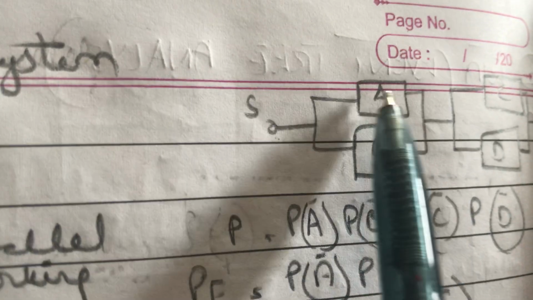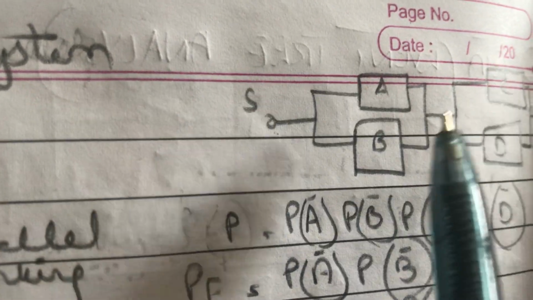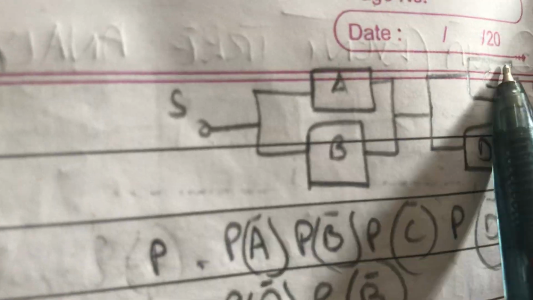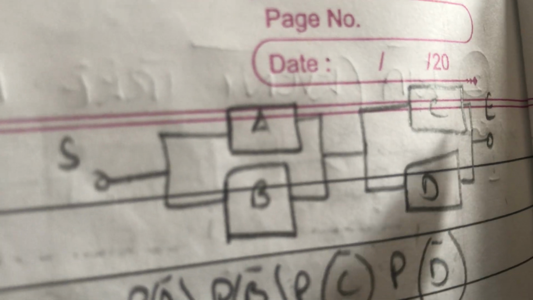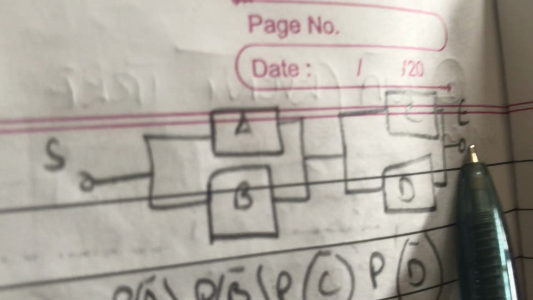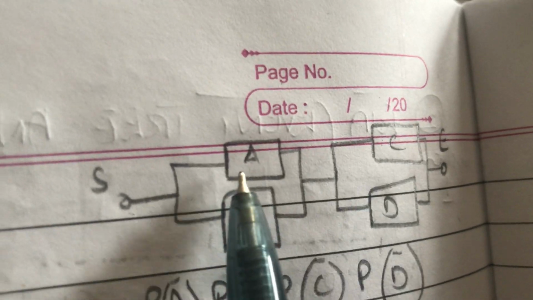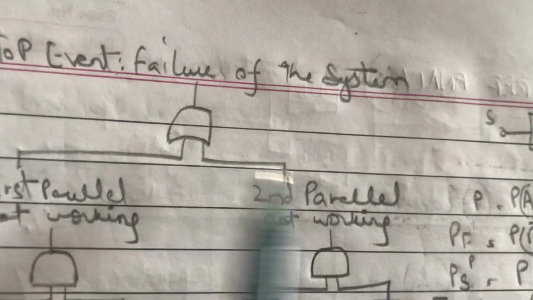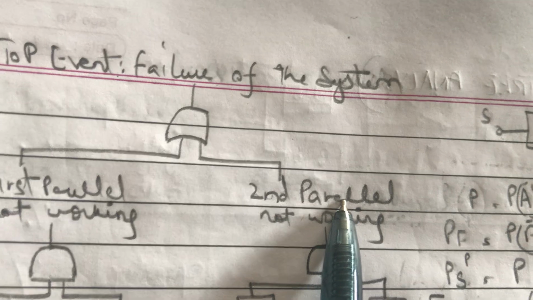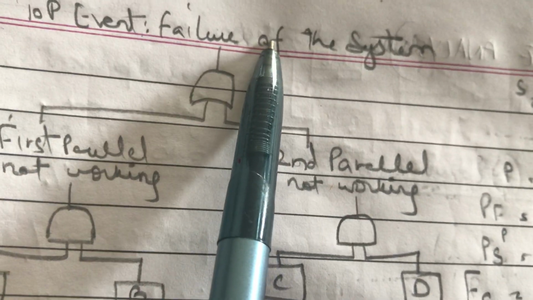Both the parallels must be working to get our system to work, so that we don't get the failure of our system. So both should work to get our system to work. That's why we have the failure of the system.